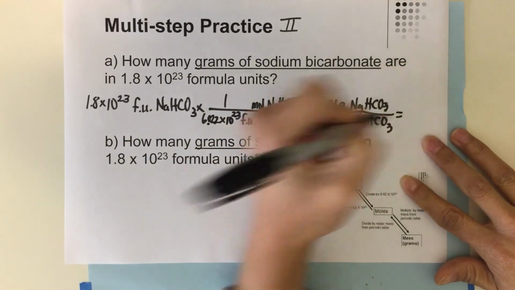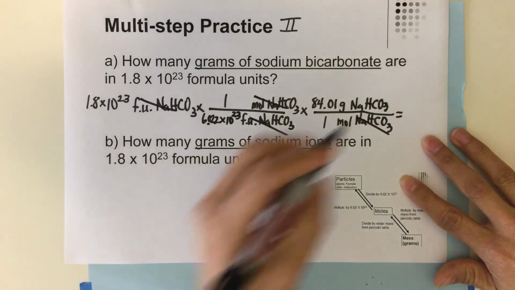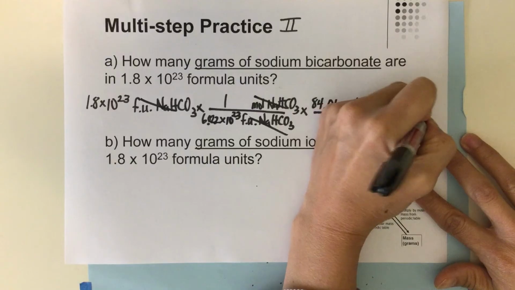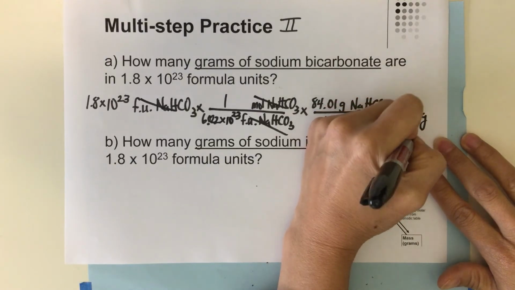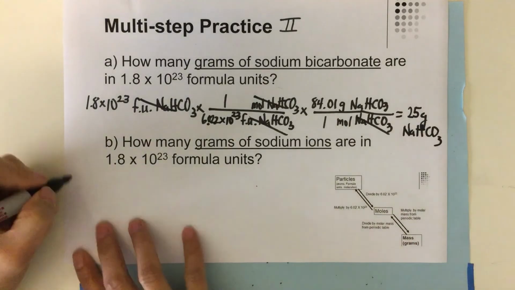And so, multiplying, cross-canceling and multiplying it all out, you have to have 2 sig figs, so it's 25 grams of sodium bicarbonate.